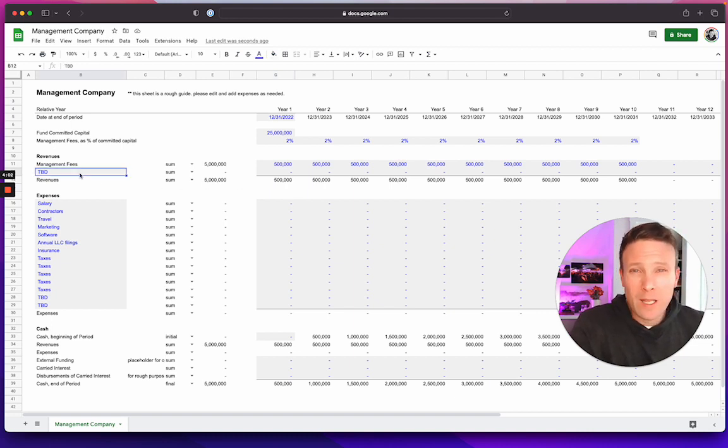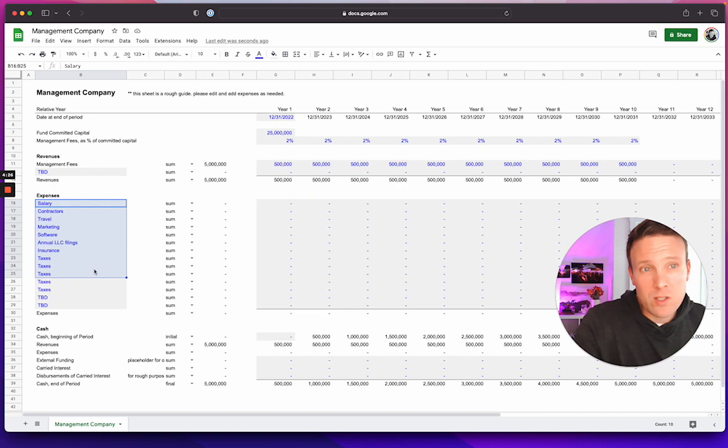I have a TBD line there that captures anything else. Sometimes the fund has other additional sources of revenues, but oftentimes if the management company does have other sources of revenues, there are fee offsets that they'll offset against the management fees as part of the LPA. So I'm just assuming it's all zero for right now. And in the majority of cases, management fees are the primary source of income.